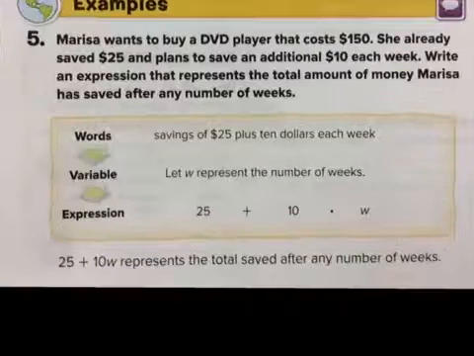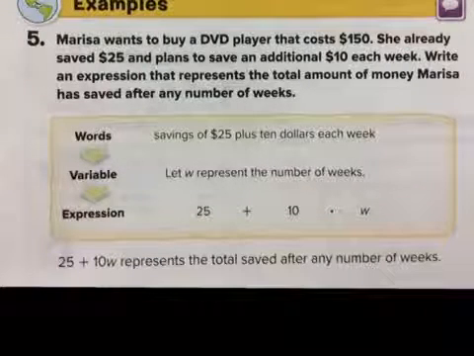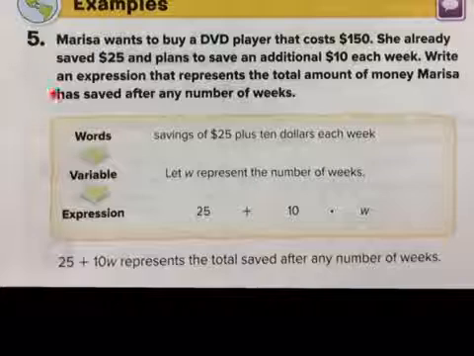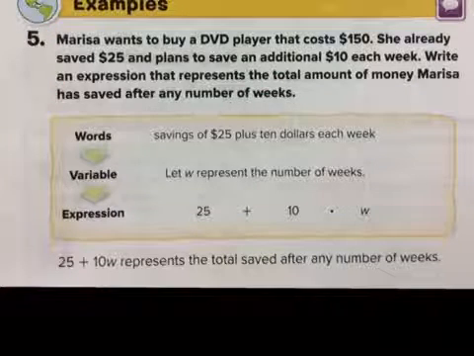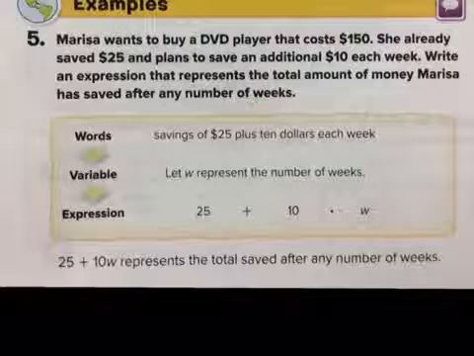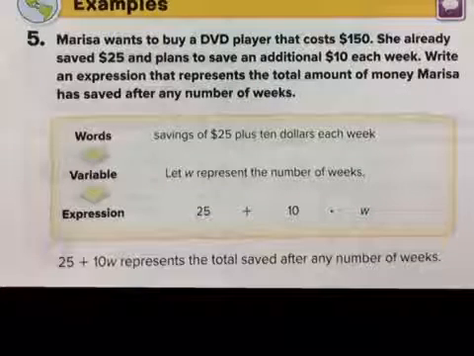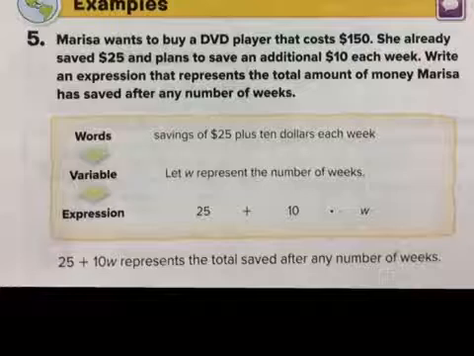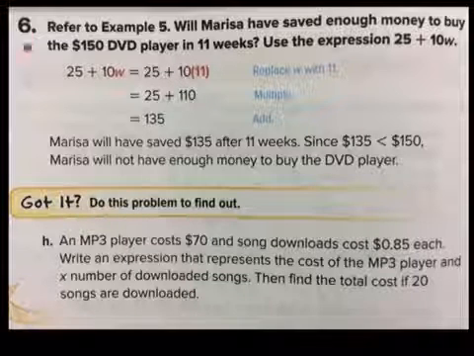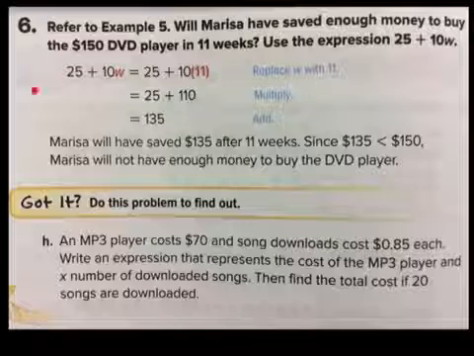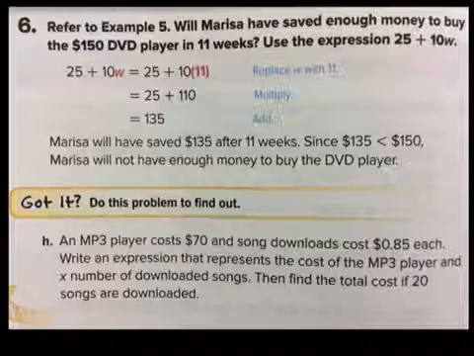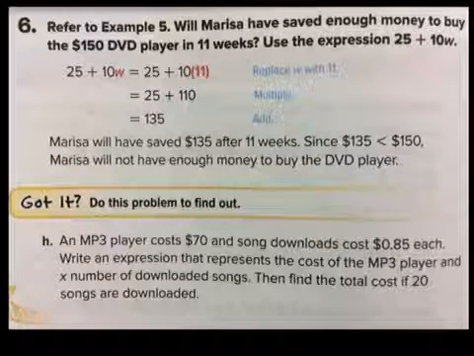So number 5. Please take a look at this example on your own for the sake of saving time. Read it and you'll see how we've determined a variable for weeks by using W. And see how it works and then read the conclusion. And for example 6, you can see that they solved the example from 5. They brought the context from number 5 and they actually solved it using the variable of 11 weeks.